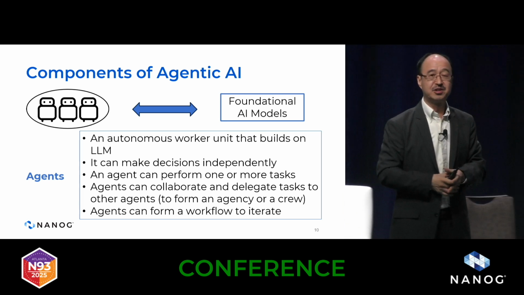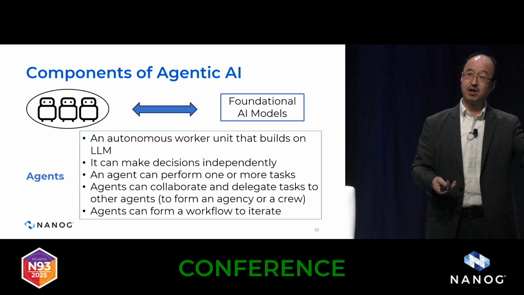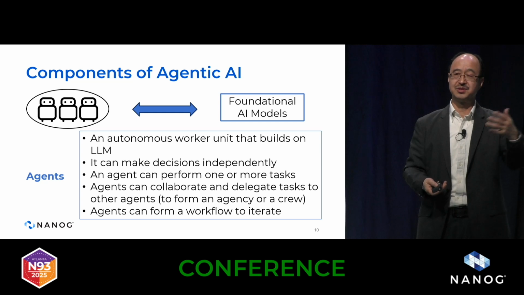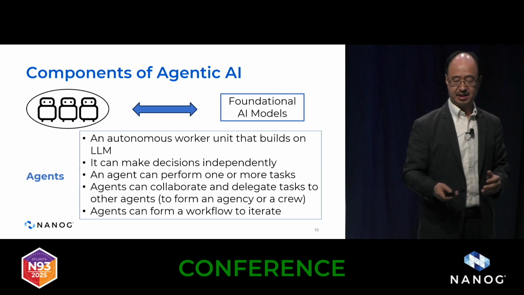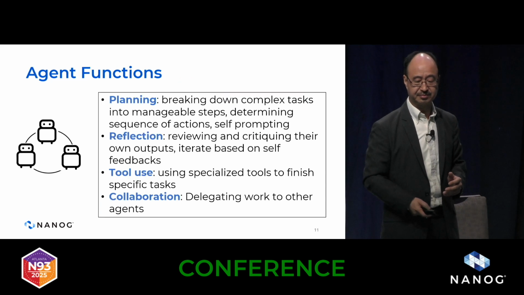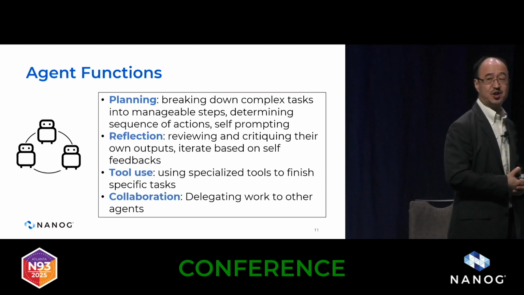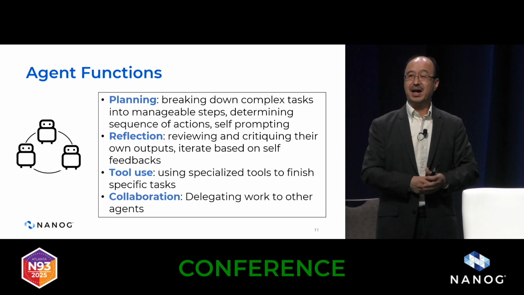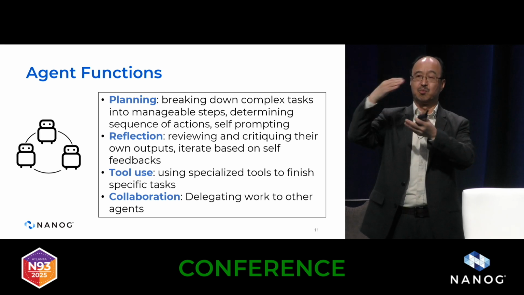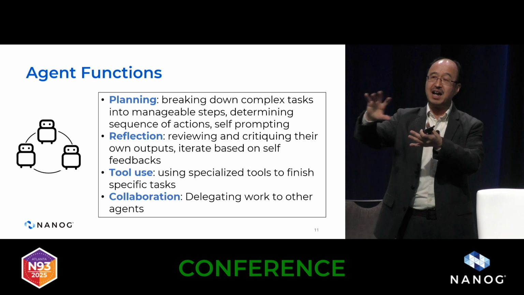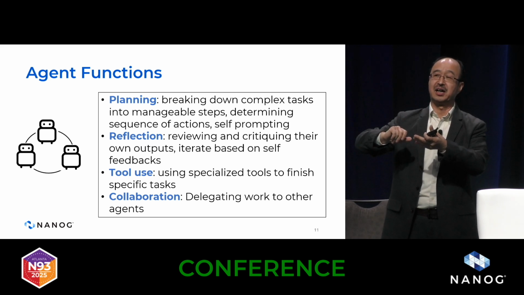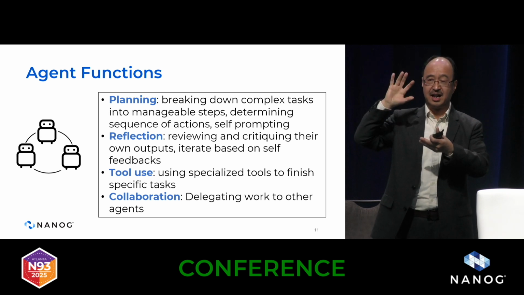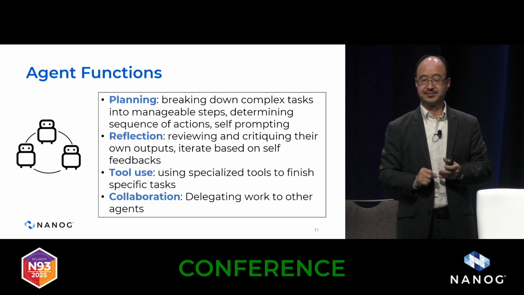Agents have the workflow that we talked about, and the workflow can iterate continuously to solve complex problems and fix issues. We'll look through some of these issues that they're solving. Specifically, let's talk about some of the functions. The first function that agents can do is planning. By planning, agents can take a problem, break it up, and outline the actions that need to be taken to solve the problem that humans push upon the AI agents.